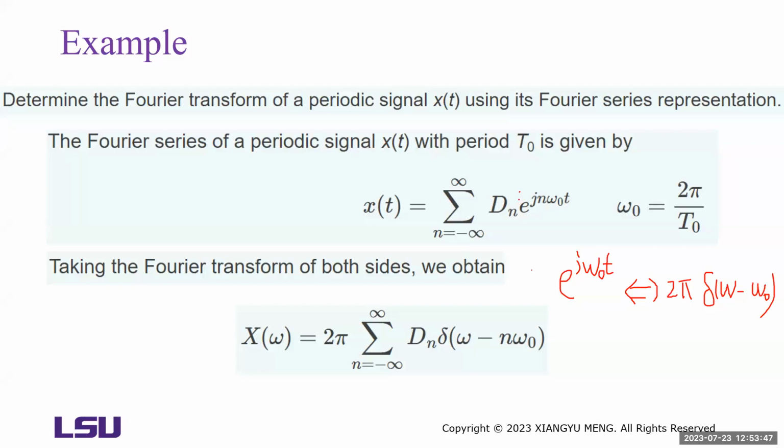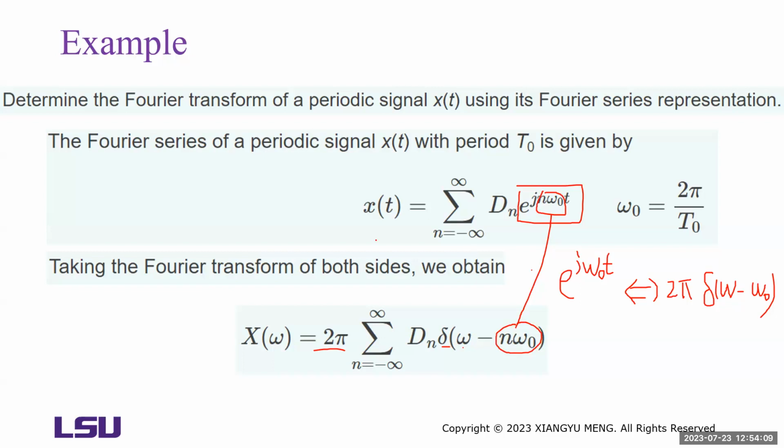Therefore, the Fourier transform of exponential j n omega 0 t will be 2 pi delta(omega minus n omega 0). Then we use the linearity property.